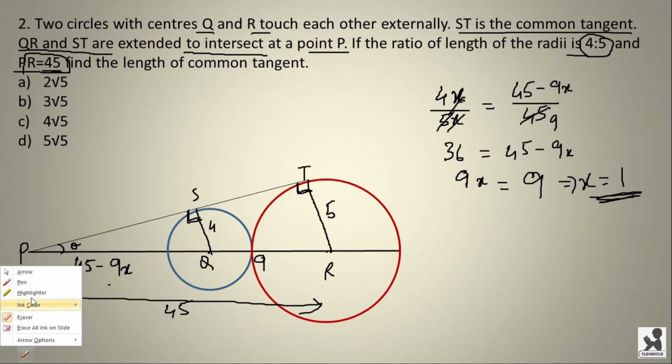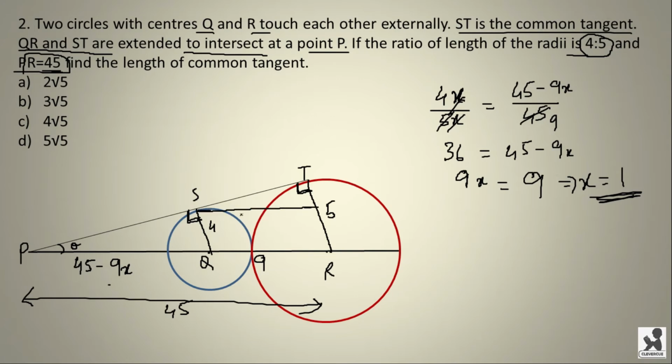Now we are asked to find the length of ST, that is the common tangent. Let us draw a parallel line from S to TR. Already the line SQ is parallel to TR.